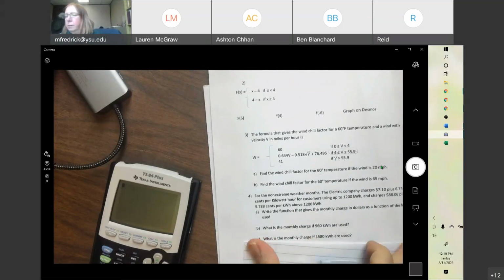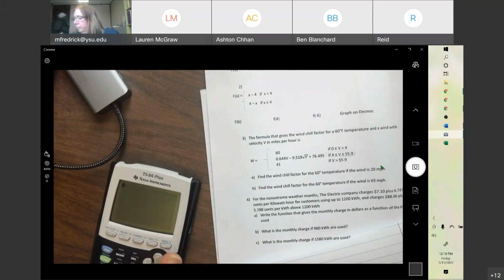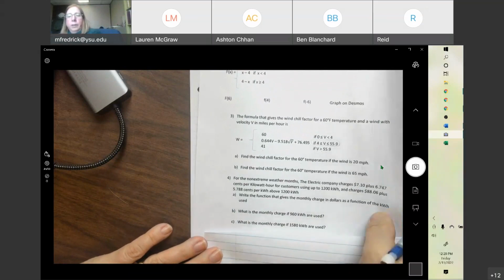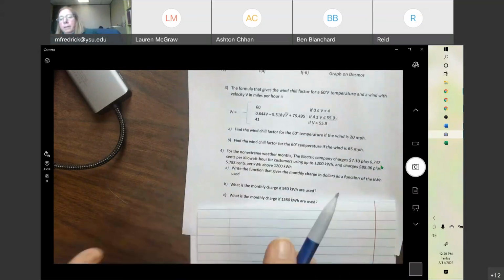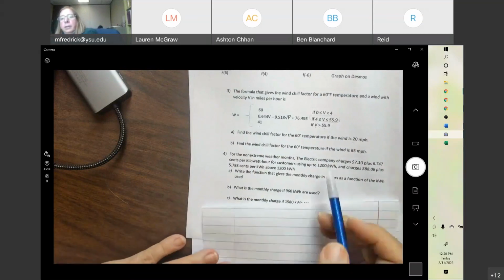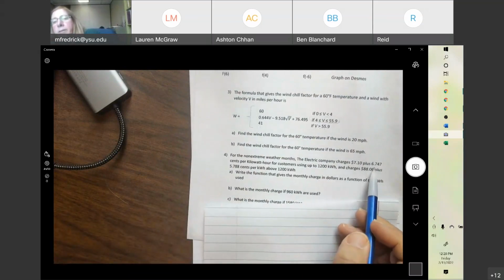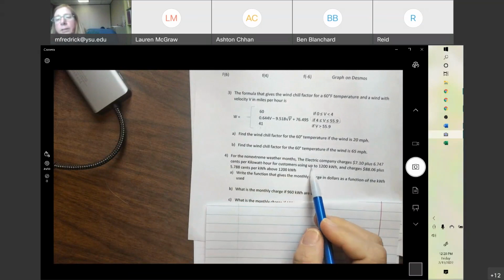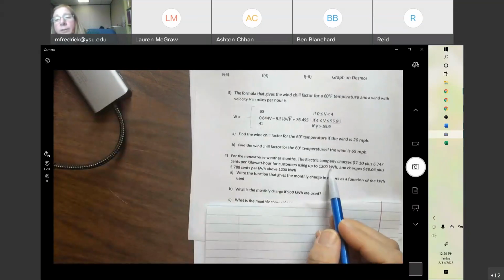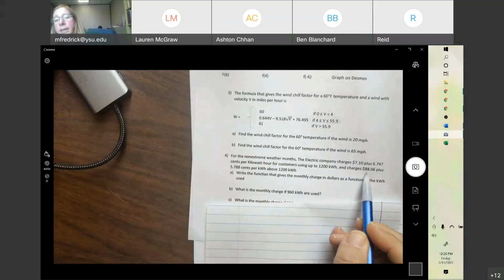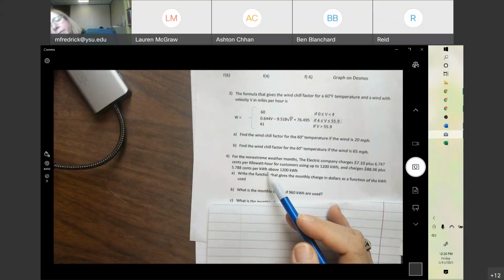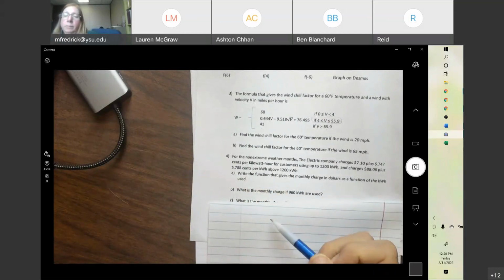Number 4. For non-extreme weather months, the electric company charges $7.10 plus 6.747 cents per kilowatt hour for customers using up to 1200 kilowatt hours and charges 88.06 plus 5.788 cents per kilowatt hour above 1200.